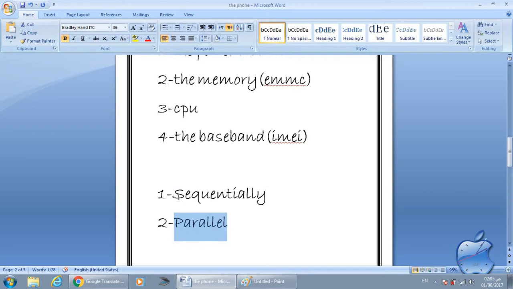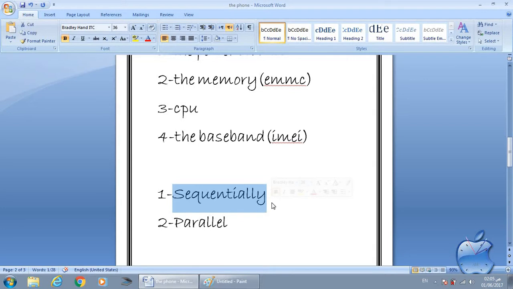And the difference between these two is, sequentially is basically like a circuit that has a beginning and an end, while the parallel has no beginning and end.